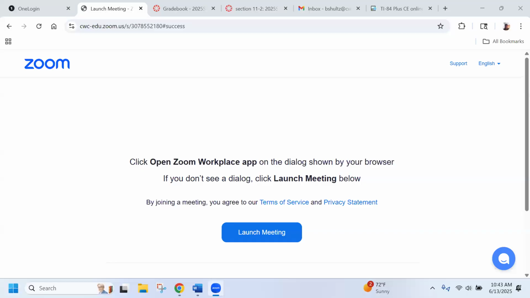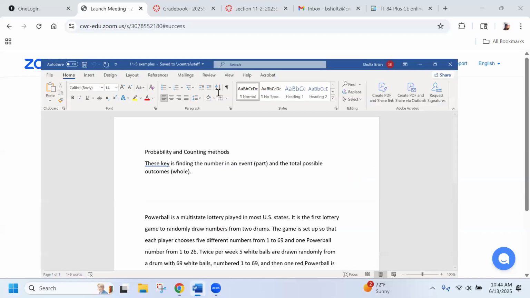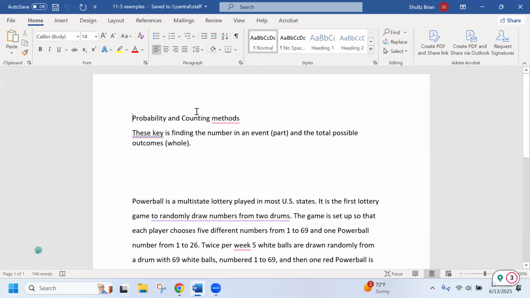Hello, we're going to start with section 11.5 today. It deals with the idea of probability and counting methods.